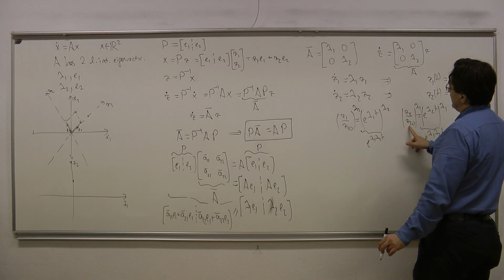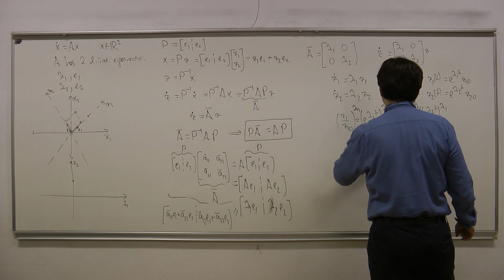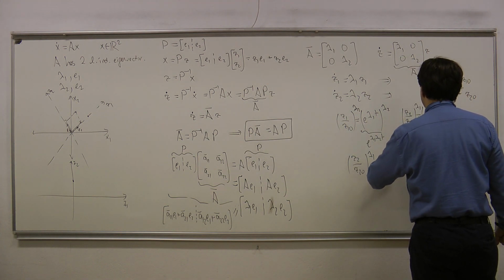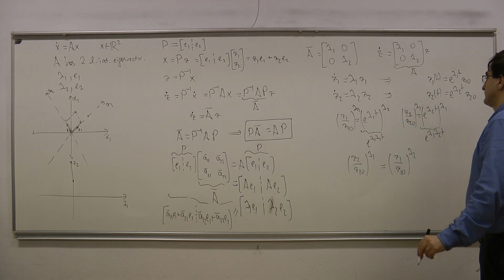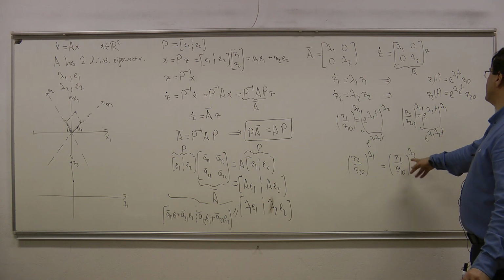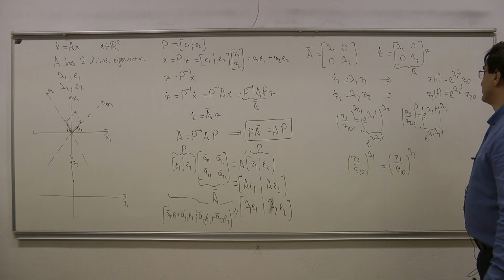So I first take the left-hand side here. So Z2 over Z2 0 to the power lambda 1 is equal to Z1 over Z1 0 to the power lambda 2. Okay? So now I will take the 1 over lambda 1 power of both sides.